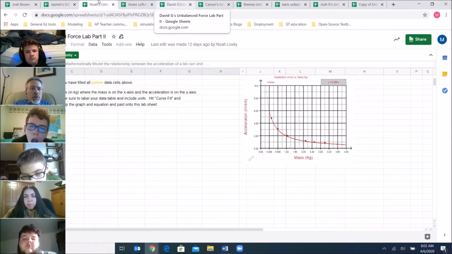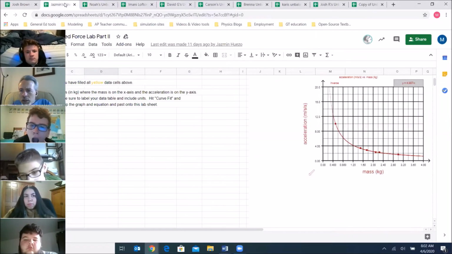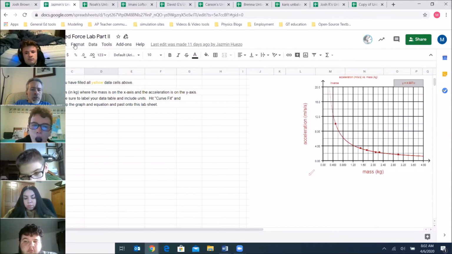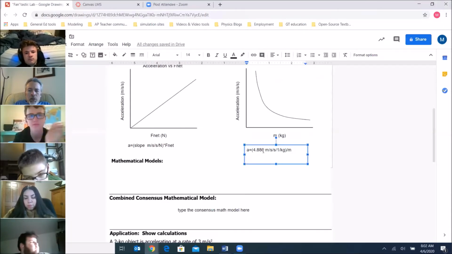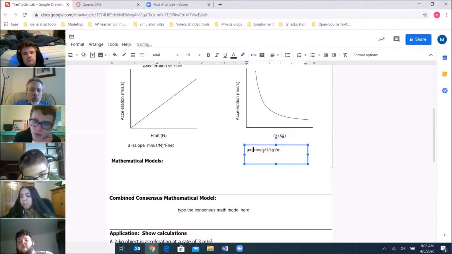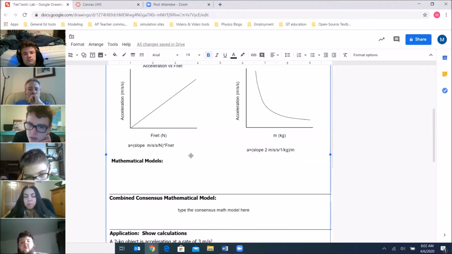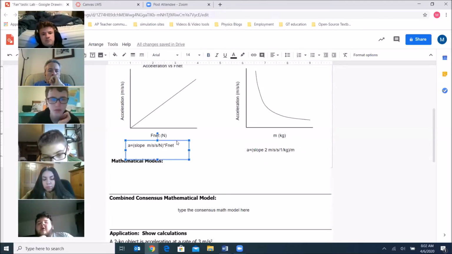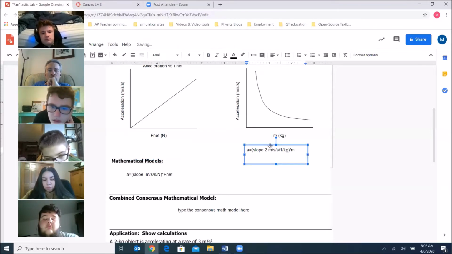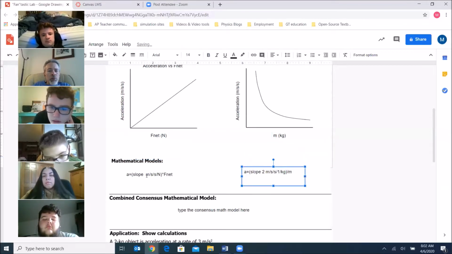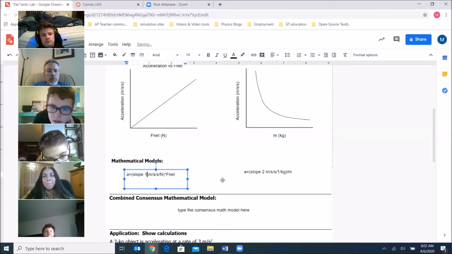Or if I was Jasmine, I'd put in 4.997. Okay, so I'm going to go back and call this slope 2. So those are your two mathematical models. Except don't put slope 1 and slope 2. Actually put in what your numbers were from your lab. Okay.